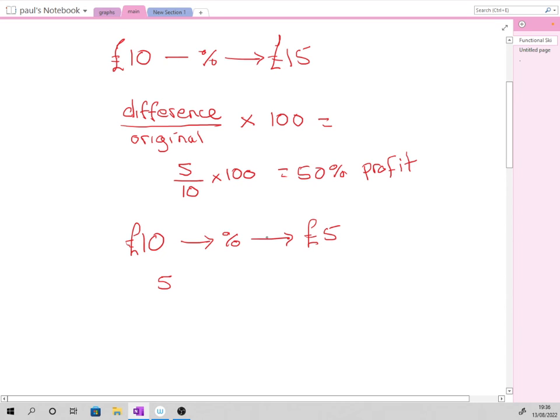Doesn't matter whether it's going down or up. It's never a negative number. It's just the difference, a pure difference, over the original, which is 10. Times it by 100 again, and you can see it's going to come out exactly the same there. But this time it is a percentage loss, because we lost some money. So always difference over the original.